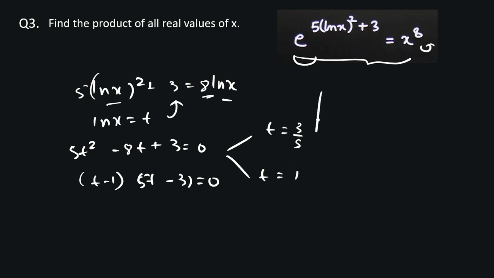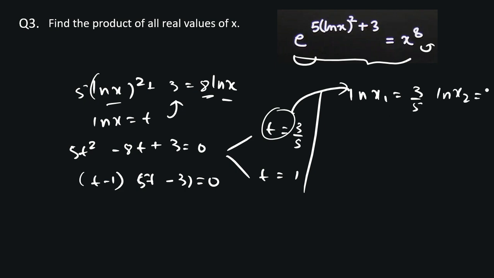Now, we know that ln x1 is equal to 3 by 5 because t is ln x. So replace t with ln x, and ln x2 is equal to 1, this one. So if we add both equations, we get ln x1 plus ln x2 is equal to 8 by 5.